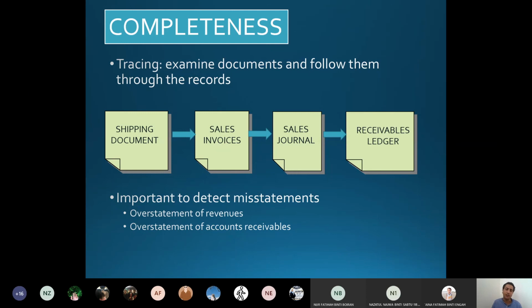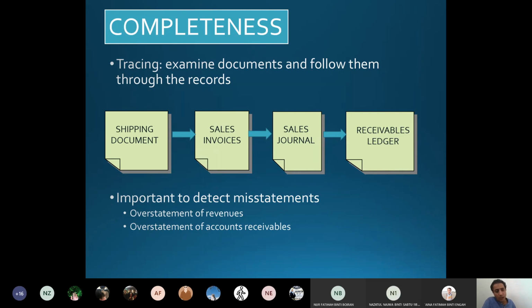Okay, so let's say the tracing technique. Tracing technique is examining the documents and following them through the records. So we see here the shipment documents, sales invoice, sales journal, and receivable ledger. We take, let's say, some shipment documents from the archive, and then we try to trace to see whether there is a sales invoice, and we try to match the amount in the sales invoice with the sales journal, and we check whether the posting amount to the receivable ledger is accurate.